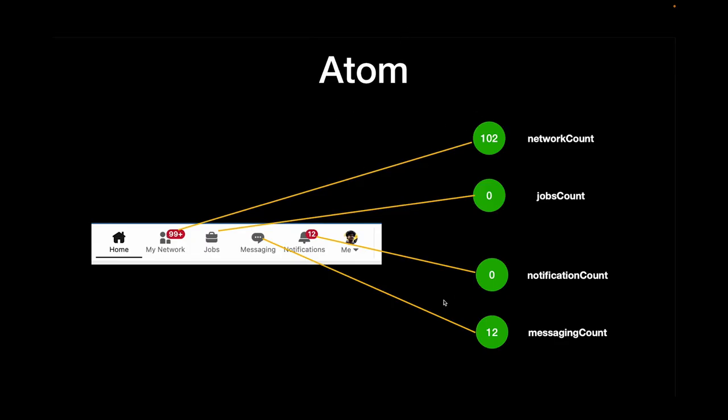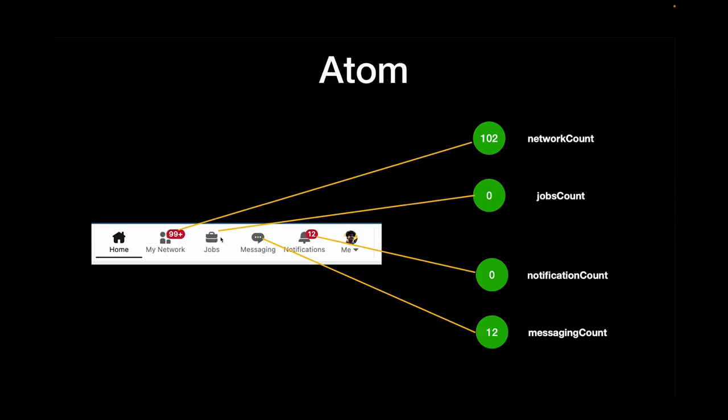I have defined 4 atoms here: network count, jobs count, notification count, and messaging count, each representing the current set of notifications a person has. This person has 102 network notifications and hence 99+ appears here. We can write that logic: whenever there are more than 99, we just render 99+ here.